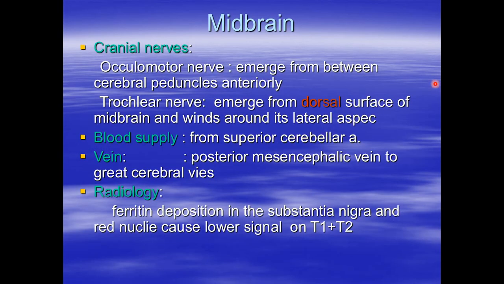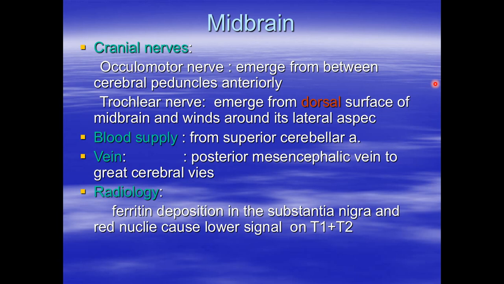The midbrain gives rise to a few of the cranial nerves. These are the oculomotor nerve and the trochlear nerve. Do you remember what cranial nerve the oculomotor nerve is? It is the third cranial nerve, while the trochlear nerve is the fourth cranial nerve. Both of them supply the extraocular muscles.